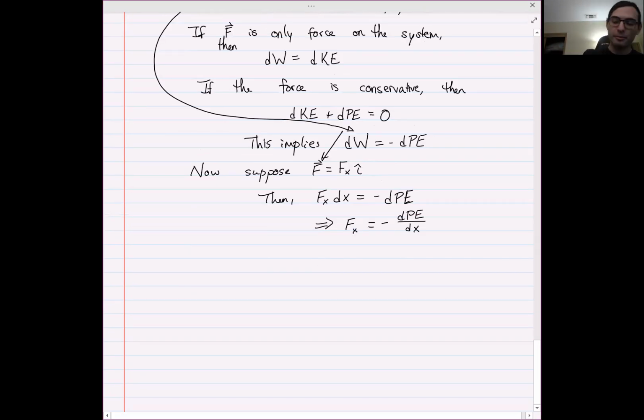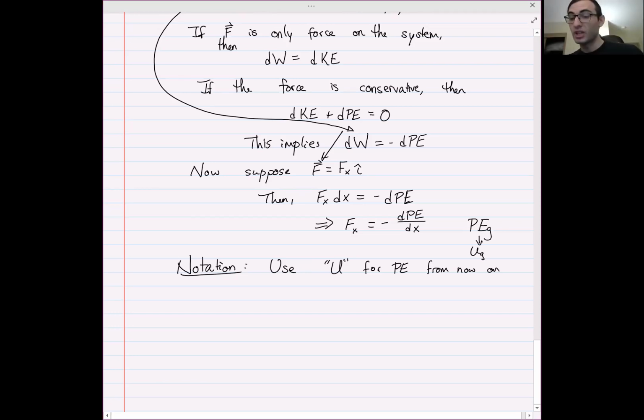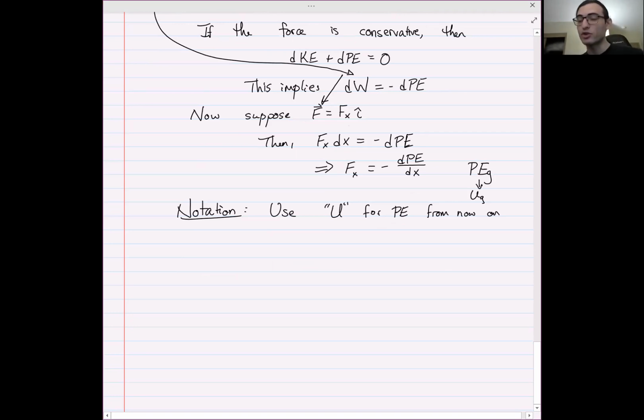Now, just as a notational thing to make things easier, from now on we are going to use the capital letter U for potential energy. So instead of having PE sub G, we will have U sub G. We need to actually talk about partial derivatives here, just for a quick moment.